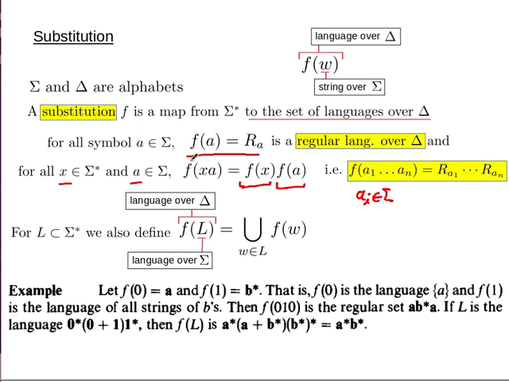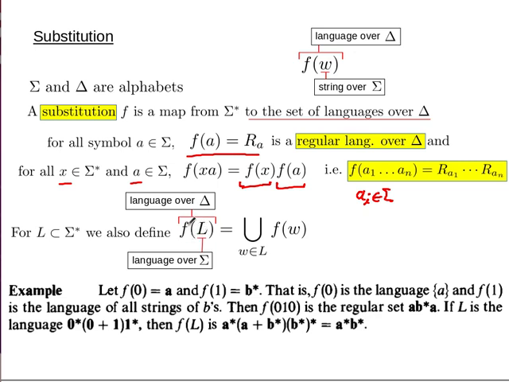So this is f of some string, right? Then we define f of a language over sigma. Okay. So here we are providing a string and we are getting a language over this delta. But here we are providing a language. Okay, we extend the meaning of f.